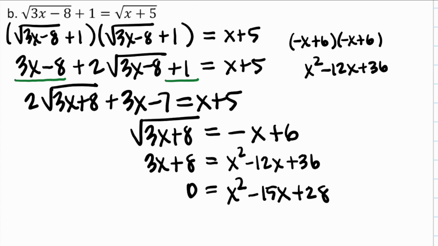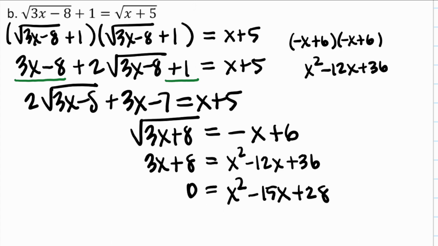Okay, so 28 is 14 times 2. Hold on a second. It's also 7 times 4. Okay, great, I found it. I made a copy error. That's actually kind of a relief.